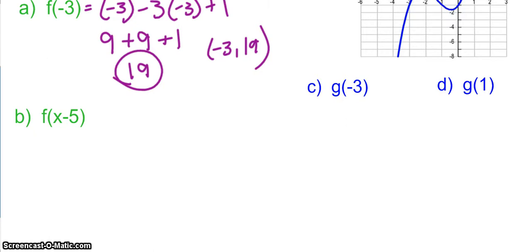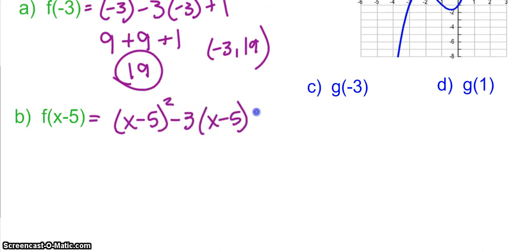F of x minus 5 means that everywhere you saw an x before, you're going to replace that with an x minus 5. Now, don't forget that this requires foiling. So we're going to do first, outside, inside, last.